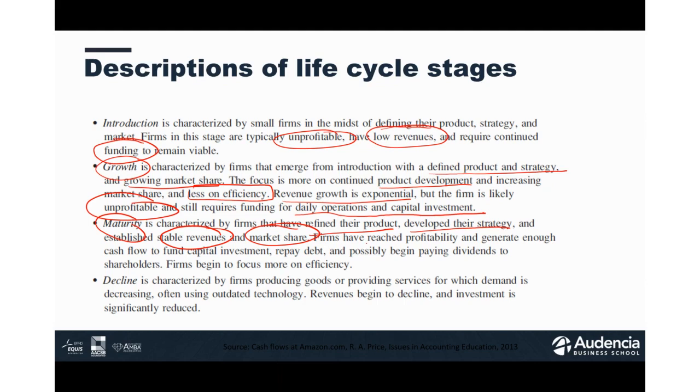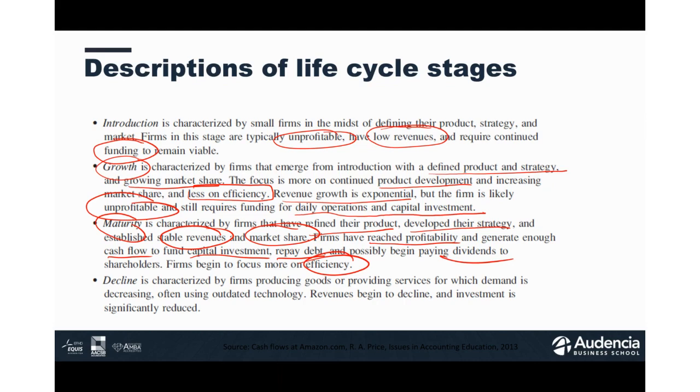Now you are supposed to reach the profitability and to create enough cash flow in order to finance your net capex, to repay the debt, and to give some dividends. The problem now is the efficiency, the capacity to reduce the cost.